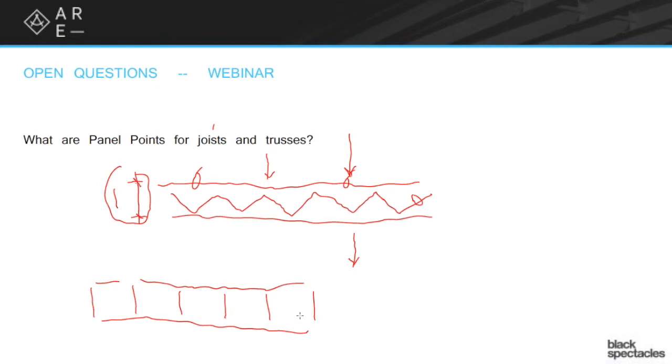The Vierendeel truss is not a truss, but it's called a truss for some historical reason that I have no idea why. In this case, each of these nodes is actually a moment connection, and the diagonal pieces in the triangles are gone, which is why it's not actually a truss.